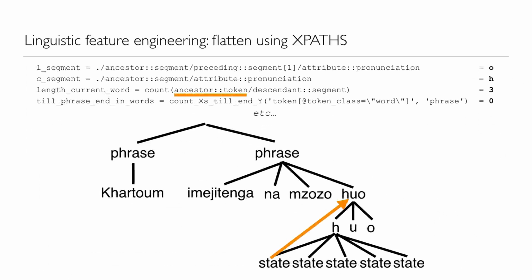The first part of that XPath jumps up to the ancestor of the current phone, which is a token, and then the second part jumps down to all segments beneath that token, and then the count expression just counts them. So the length of the current word in segments is 3. But Shrikant will say more about flattening these structures.